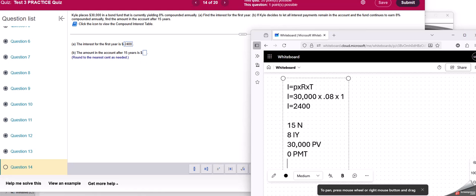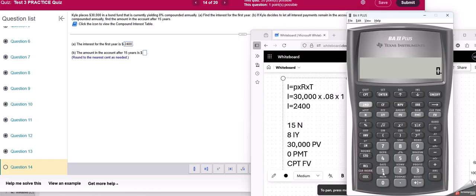We're just letting the interest ride, and then we compute the future value. So coming back to our calculator, 15 is our N, 8 is the IY, 30,000, I'll make it negative by hitting that plus or minus button, is PV, no payment, so 0 that out, and then compute the future value. So 95,165.07.